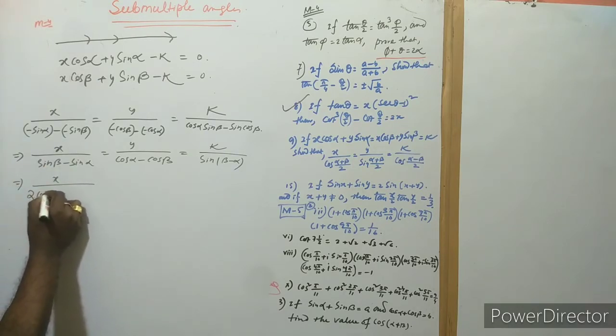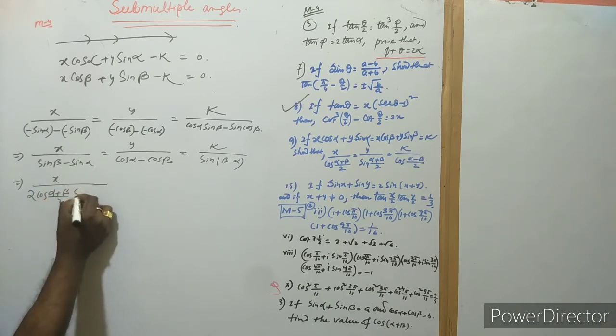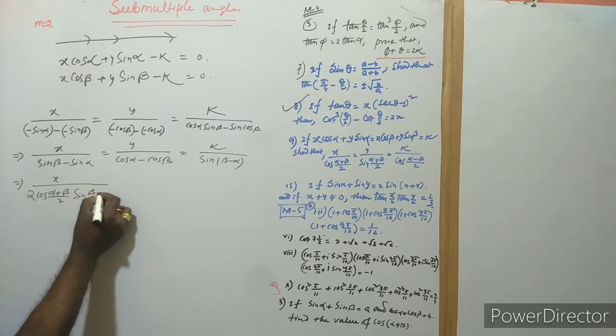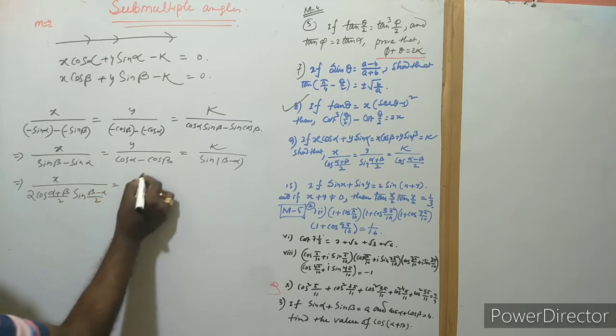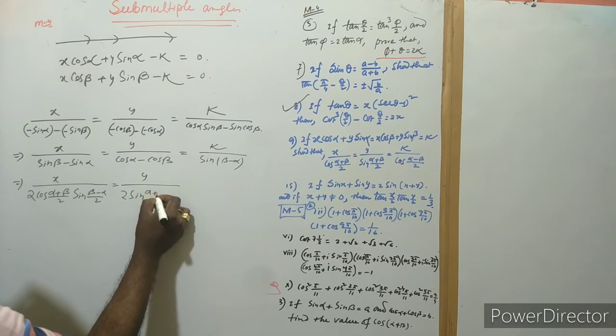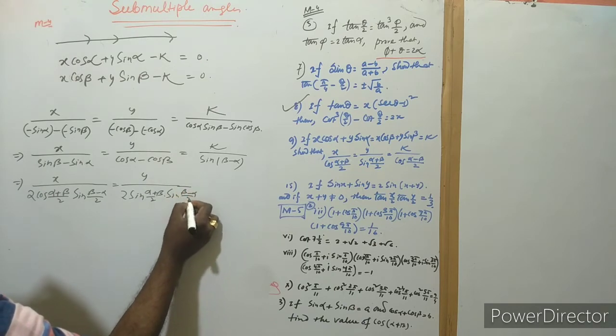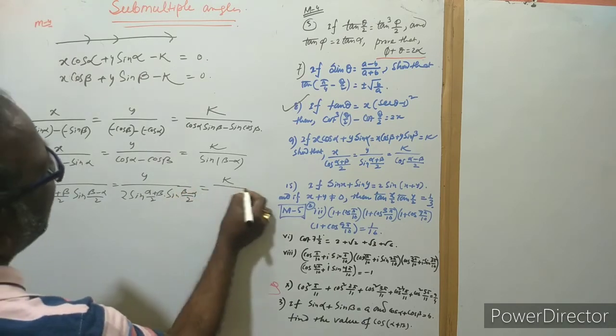This is cos alpha plus beta by 2 and sin beta minus alpha by 2. Now again this is here 2 sin alpha plus beta by 2 and again sin d minus c by 2. This is beta minus alpha by 2 here. Again k by, as a theta.